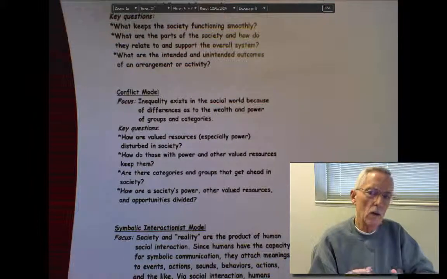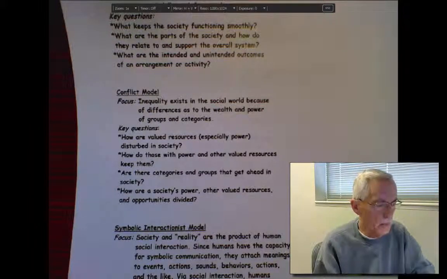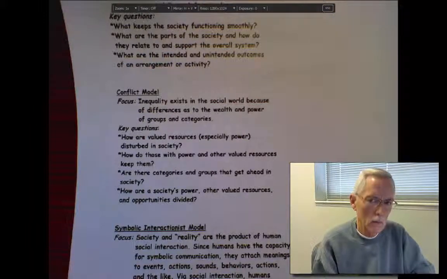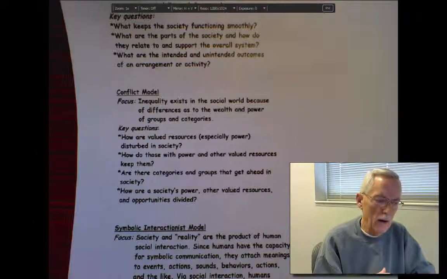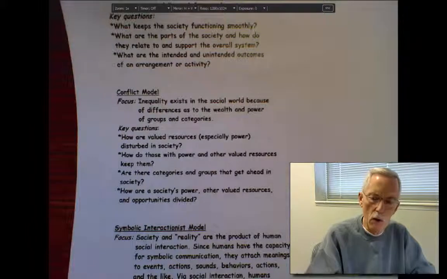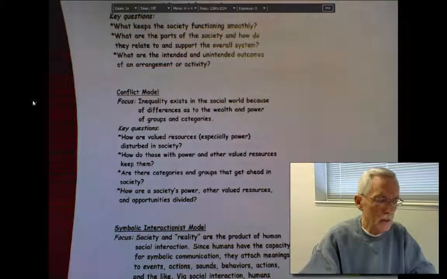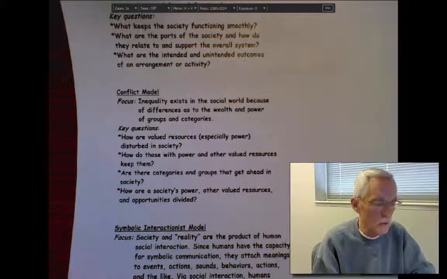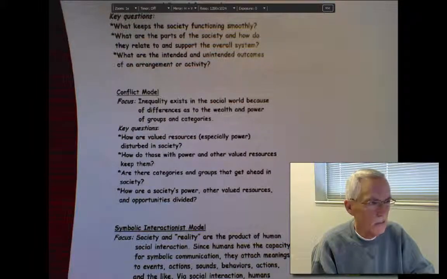Now, on the other hand, if you apply this perspective to the media, conflict-oriented researchers might argue that the media is really a tool for the powerful and for the elites. They employ the media to maintain the status quo. Generally speaking, those with power, those who have access to valued resources, the last thing they want is change unless they can control it.